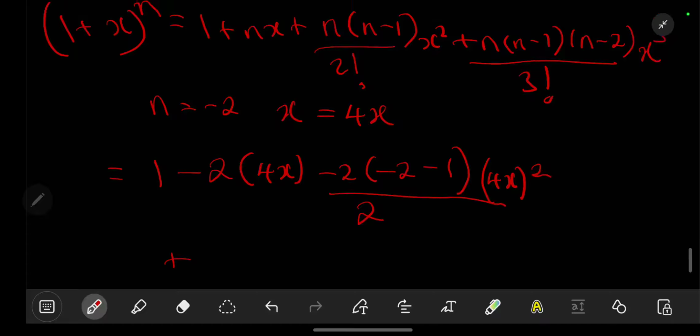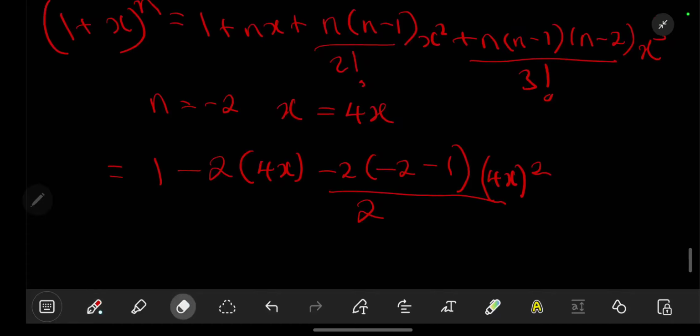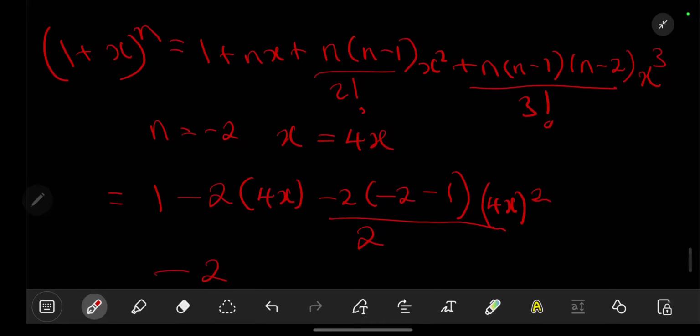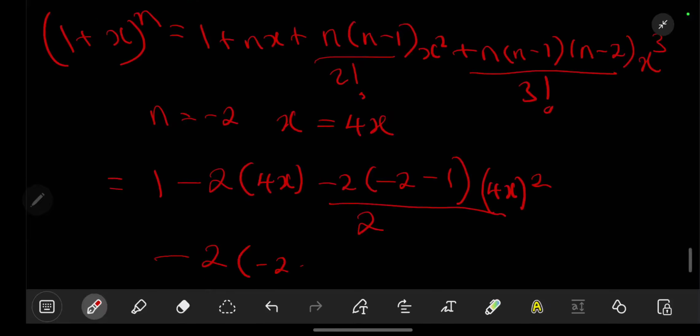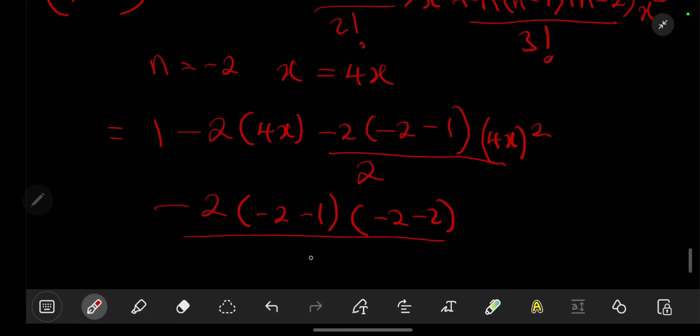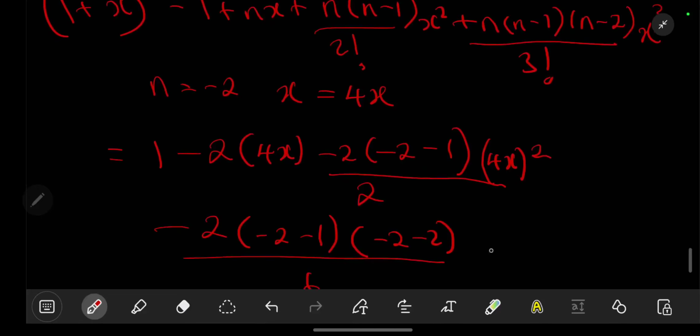We are going to say plus our n, in this case negative 2, then we have negative 2 minus 1, and negative 2 minus 2, over 3 factorial, which is 6. Then we have times 4x to the power of 3.